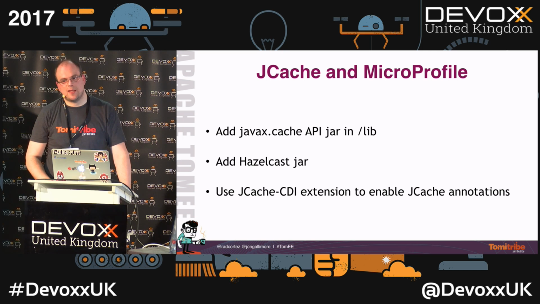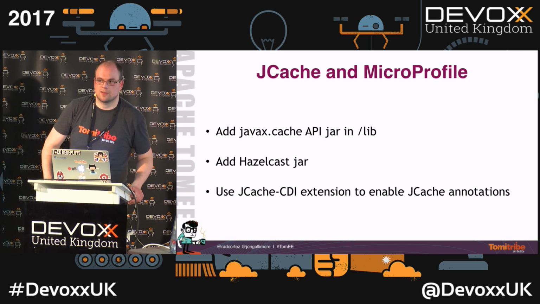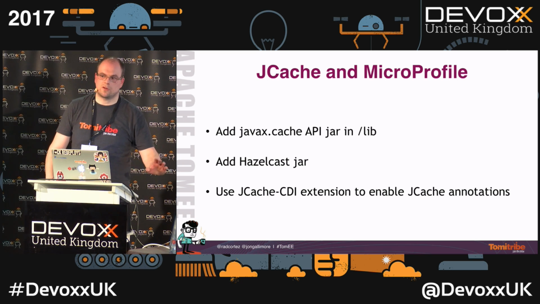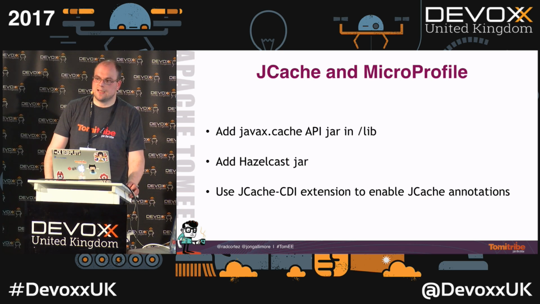We're using Hazelcast here. One of the nice things about Hazelcast, does anybody use Hazelcast, by the way? Quick show of hands. Oh, a few of you. One of the really nice things about Hazelcast is that out of the box, it will distribute the cache across a cluster of machines, and they can join either by configuring the TCP addresses in a configuration file, or you can use multicast if that's available on your network.